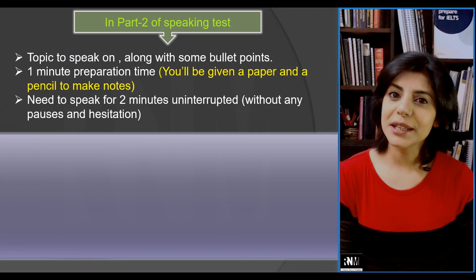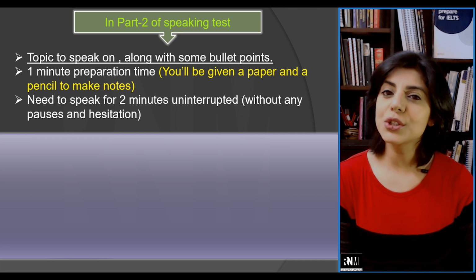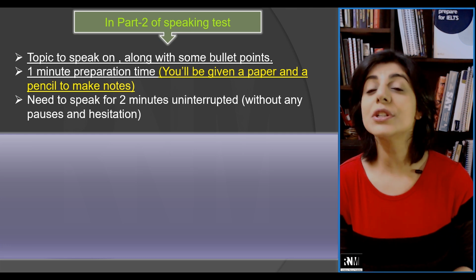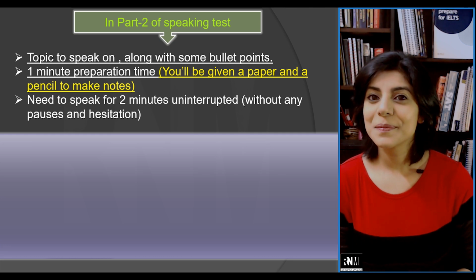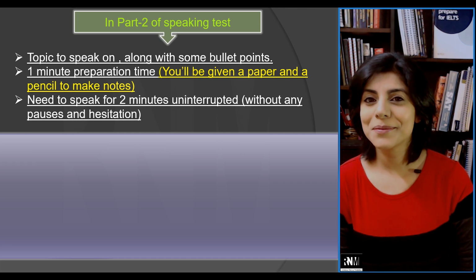In Part 2 of the test, you will be given a topic to speak on, along with some bullet points to help you make notes during the 1-minute preparation time that you get. Then you need to speak for 2 minutes, uninterrupted.